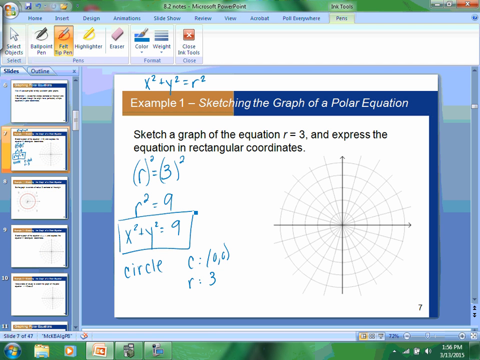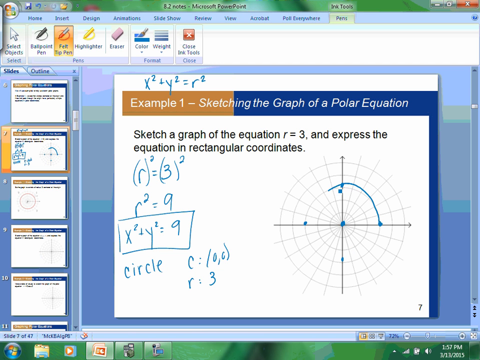If we were to graph that on a rectangular system, we would start at 0, 0, and go up 3, down 3, left 3, right 3. Basically that's what we're going to do here on our polar system. We're going to start at the pole, then do a segment that is 3 units long, 1, 2, 3, and rotate that segment all the way around the pole.